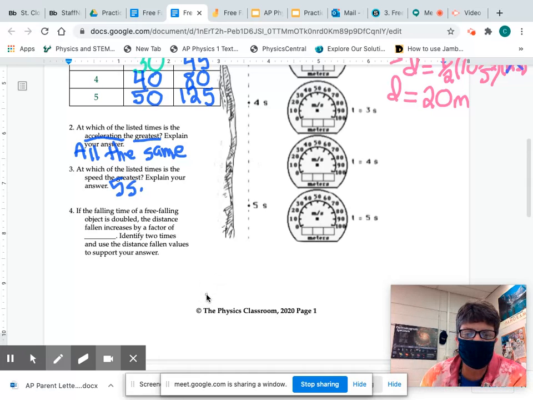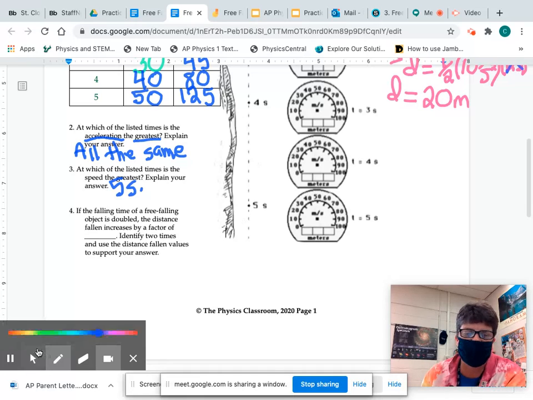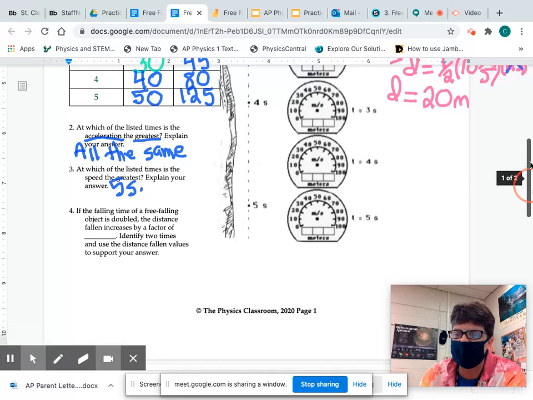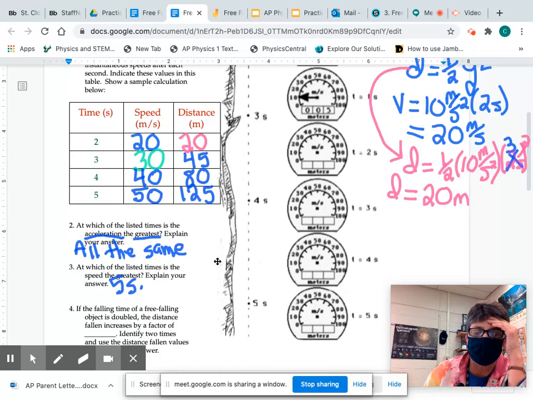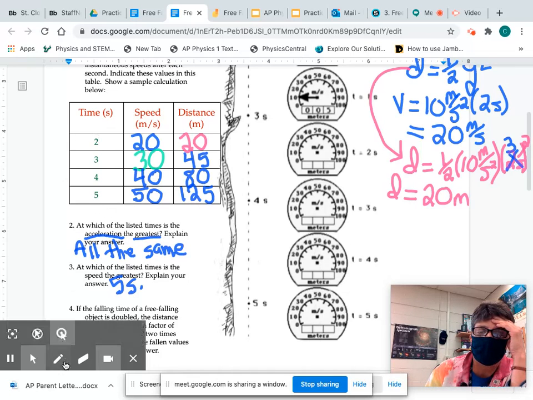Now here's an interesting one, number 4. If the falling time of a free falling object is doubled, the distance fallen increases by a factor of... So let's go back to our data table and look at what happens with our distance. If we take the second, if you double that, you go to 4. So we're looking at this distance and this distance.